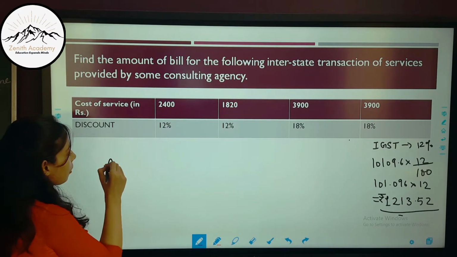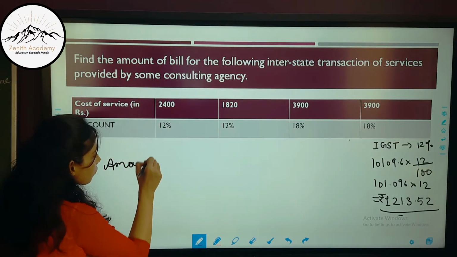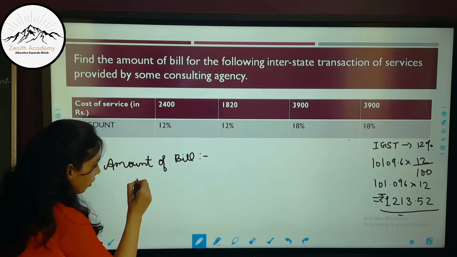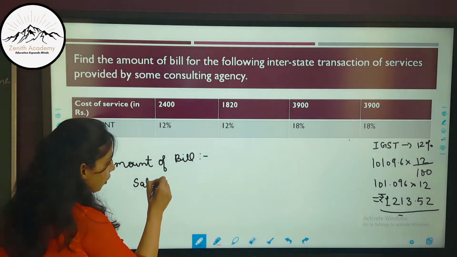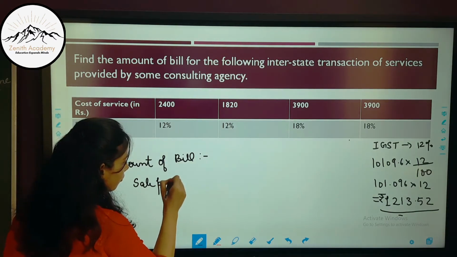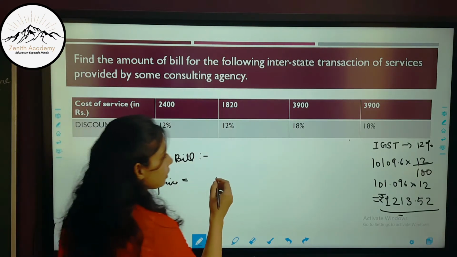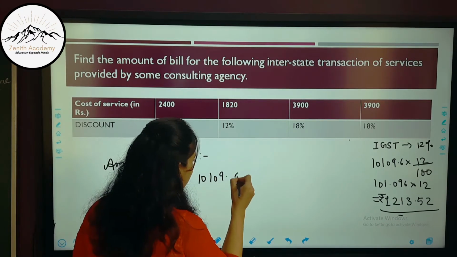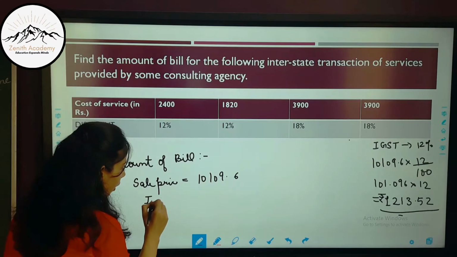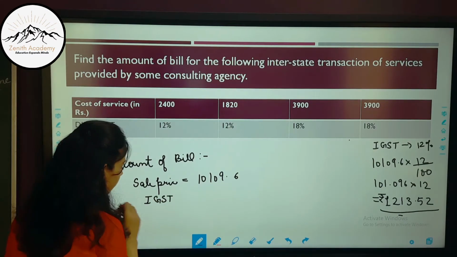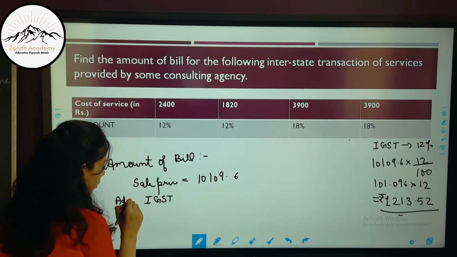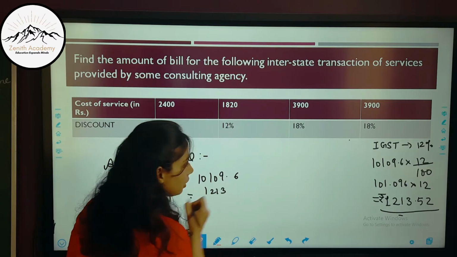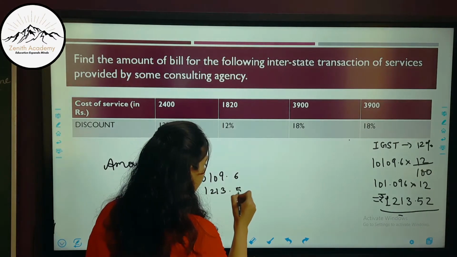Now, our amount of bill is first the sale price, which is equal to 10,109.6, add IGST, which is 1213.52.